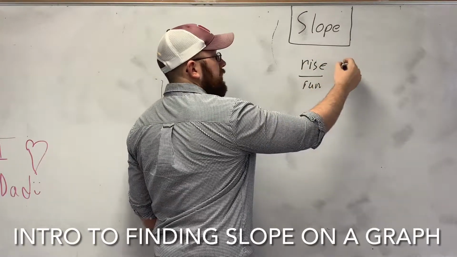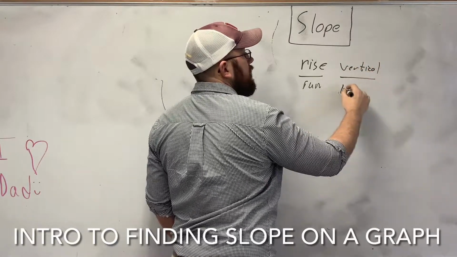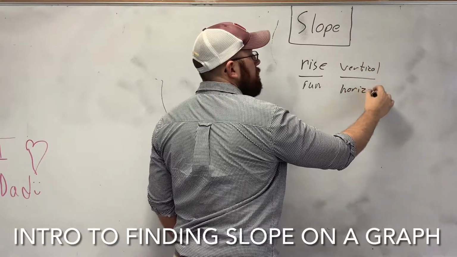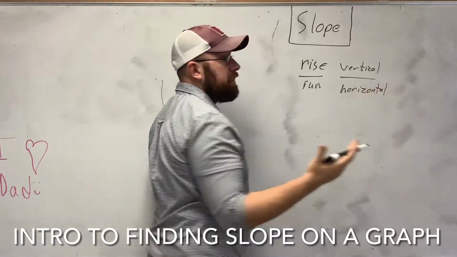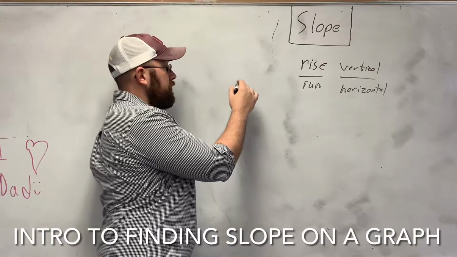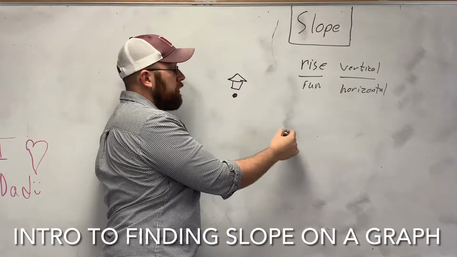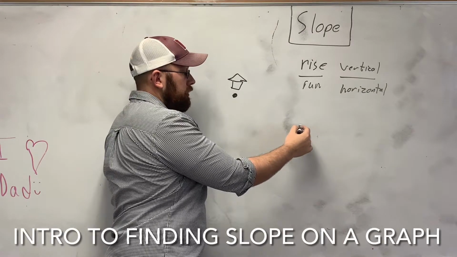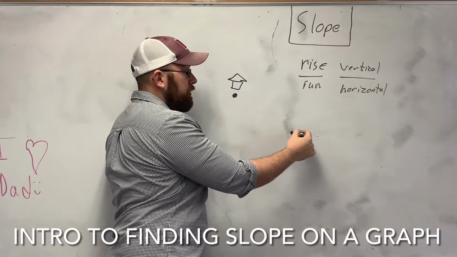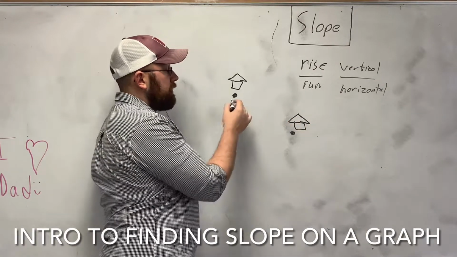Rise over run is your vertical and your horizontal changes between 2 points. It's basically telling directions on how to get somewhere. So if little Sally lives in this house here, she wants to know how to get to little Susie's house over here. You can only give her 2 directions by blocks.